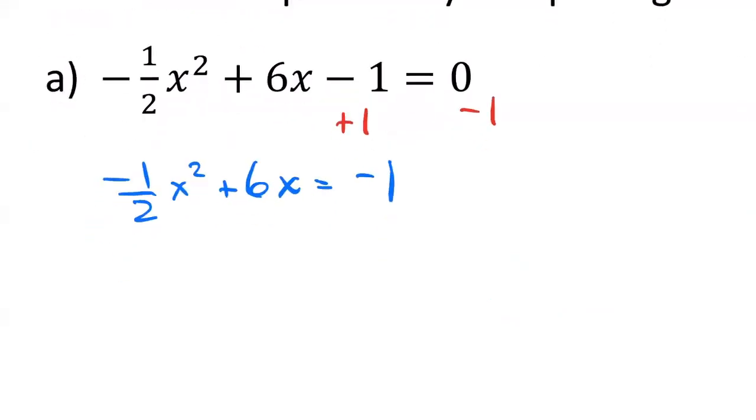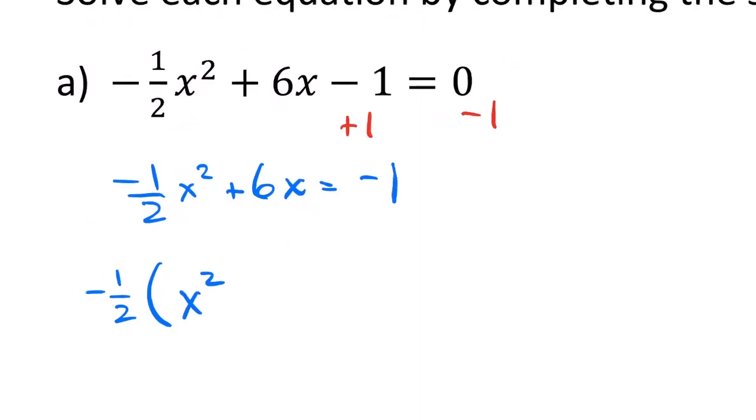I want this x squared term by itself, so I want it to have a coefficient of 1. So I need to factor out a negative 1 over 2. If I'm factoring out a negative 1 over 2, dividing negative 1 over 2 x squared by negative 1 over 2 just gives me x squared. Maybe you know what 6 divided by negative 1 over 2 is right away, which would be great.